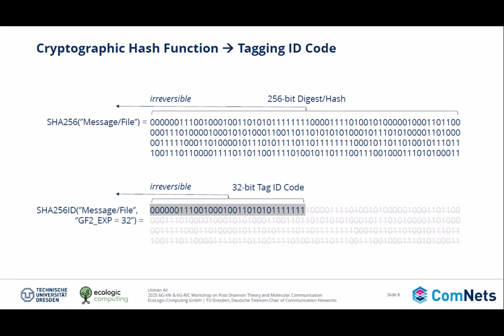The goal in cryptography is to make sure that you cannot reverse it, and the best cryptographic hash functions achieve this goal, so that it's not reversible. The digest or hash that's generated could be of any arbitrary length, but for SHA-256 it's of length 256, and there are also other SHA algorithms like 128 or 512.